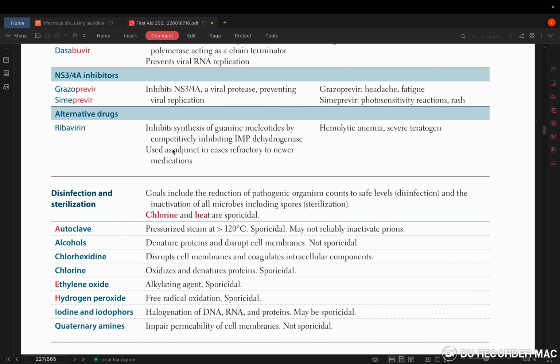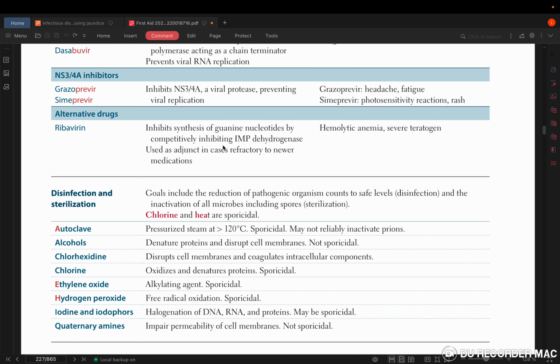Alternative drugs: ribavirin. It inhibits the synthesis of guanine nucleotide. Somebody can tell me what is a guanine? Yeah, a purine, absolutely.